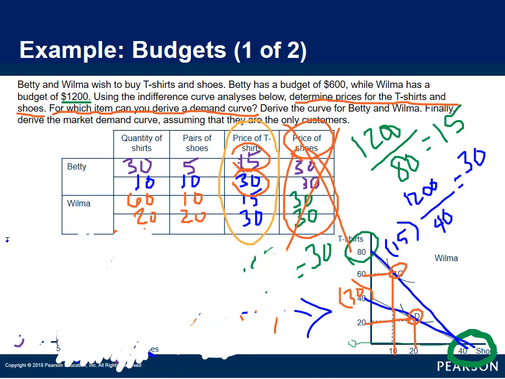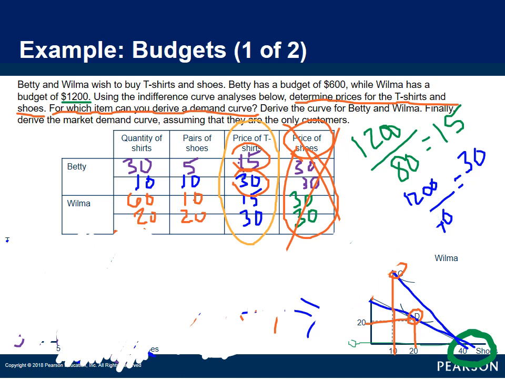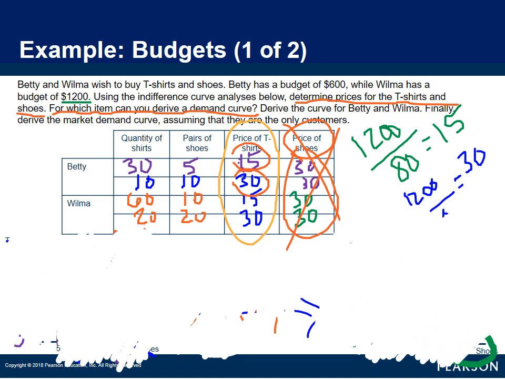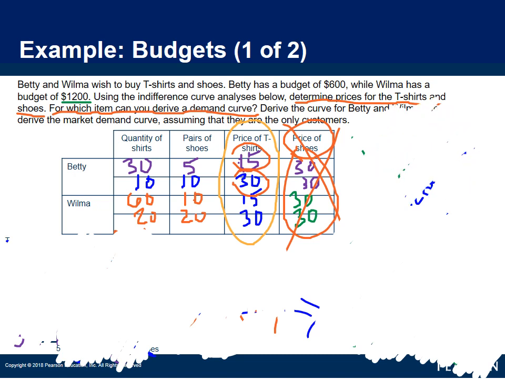We'll be doing a demand curve for Betty individually, so that will be called a consumer demand curve. Then we're going to be doing a demand curve for Wilma separately. And then finally, we're going to do a market demand curve that puts both Betty's information and Wilma's information together.